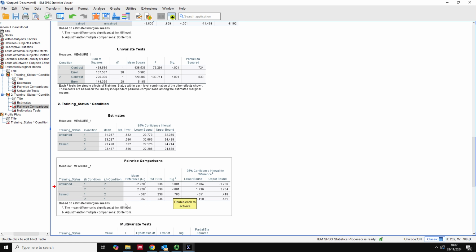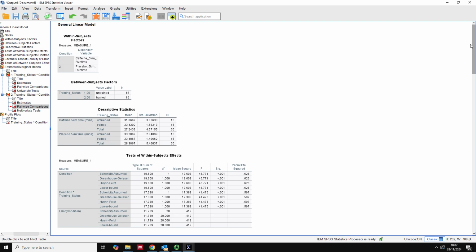We can verify that by going all the way back to the top to our descriptive statistics. With the placebo, untrained, their time was about 33 minutes. When they took the caffeine, their time went down to about 31 minutes.